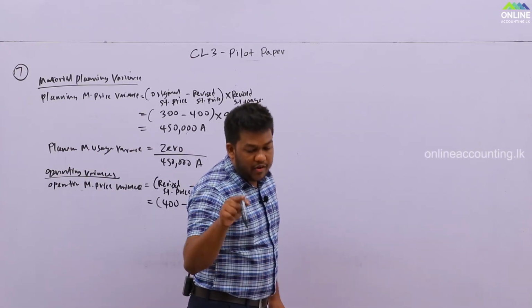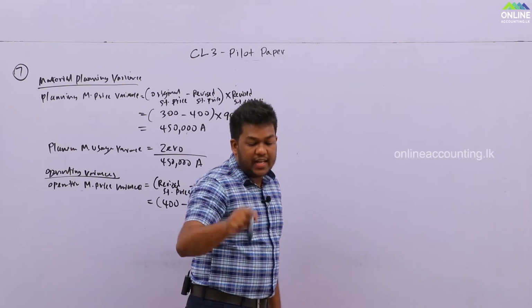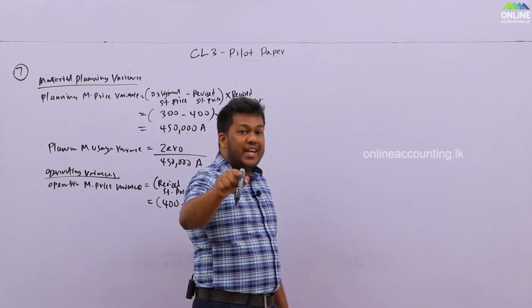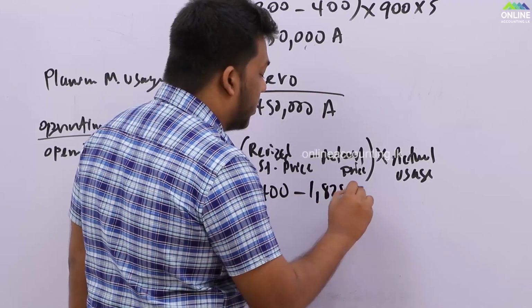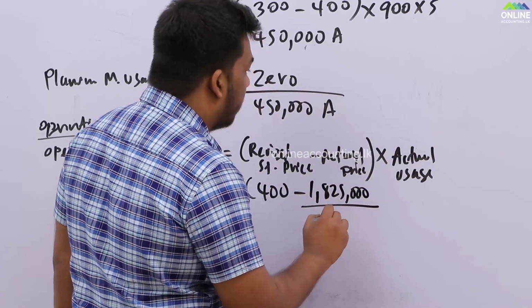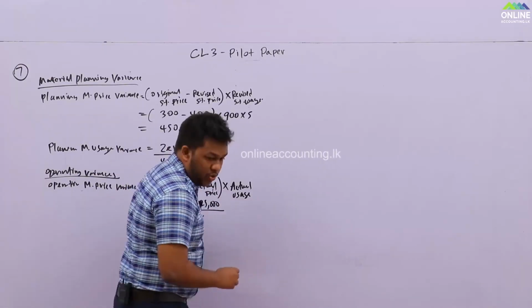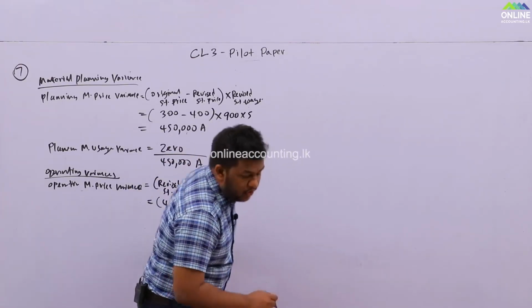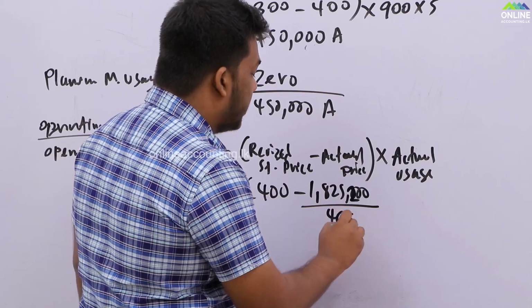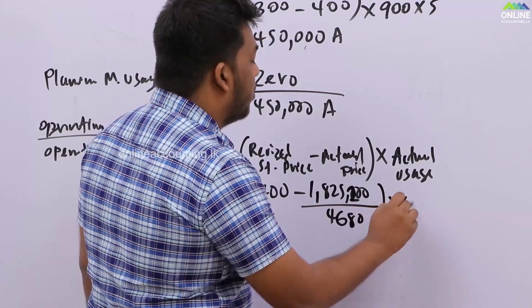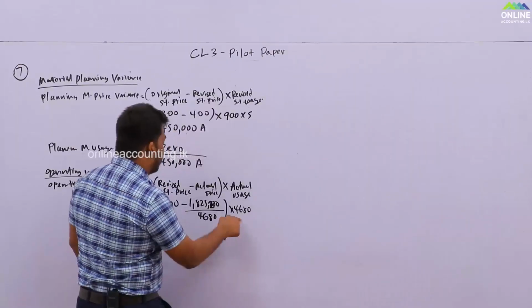So they have given 4,680 kilograms at a cost of 1,825,200. 4680 is the actual usage.